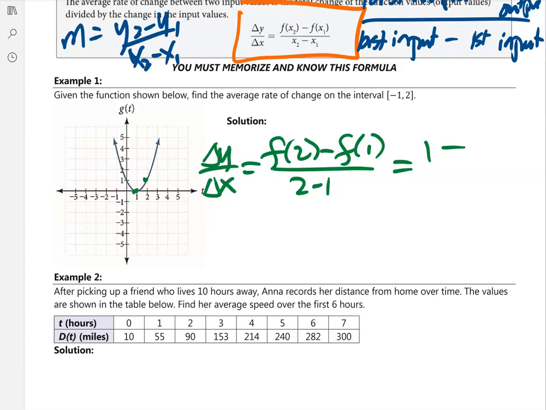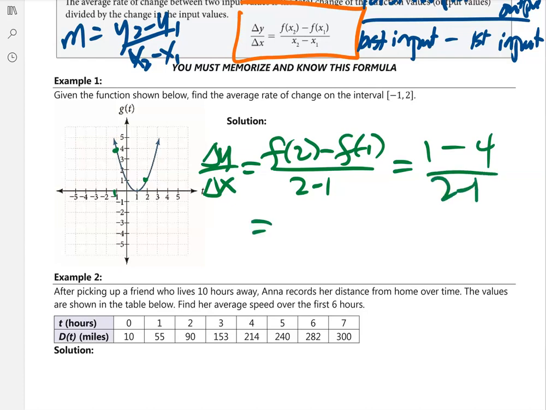And f of -1, this is -1 on the graph. The y value is, let me see again, it's small, sorry, this one. So that is -4, so 1 minus -4 over 2 minus -1.